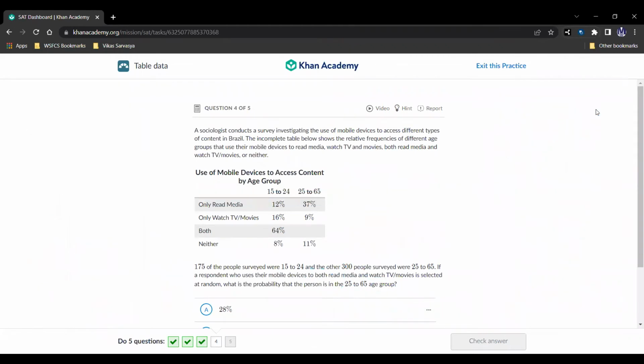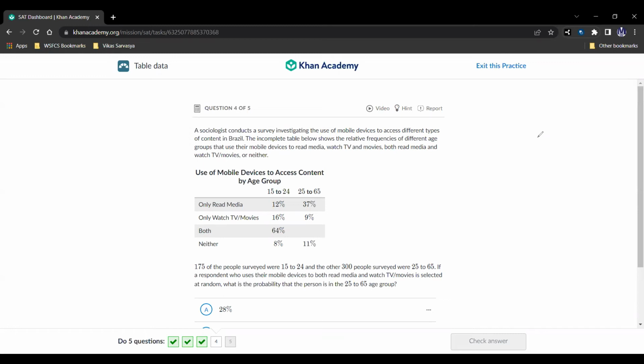Question number 4, here it is. A sociologist conducts a survey investigating the use of mobile devices and access to different types of content in Brazil. The incomplete table below shows the relative frequencies of different age groups that use their mobile devices to read media, watch TV and movies, both read media and watch TV/movies, or neither.